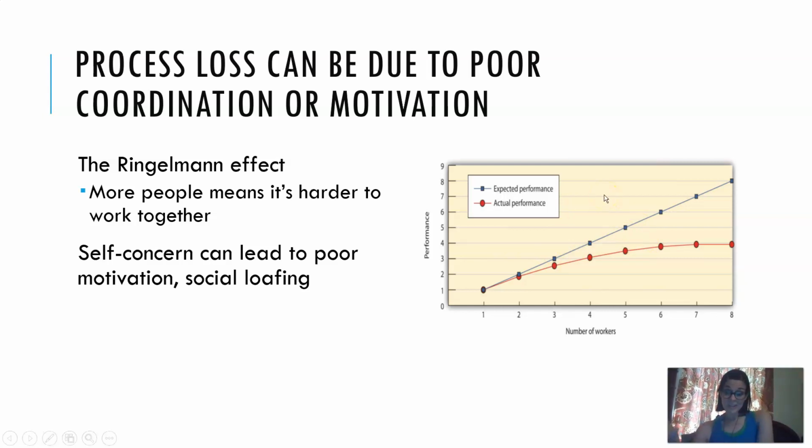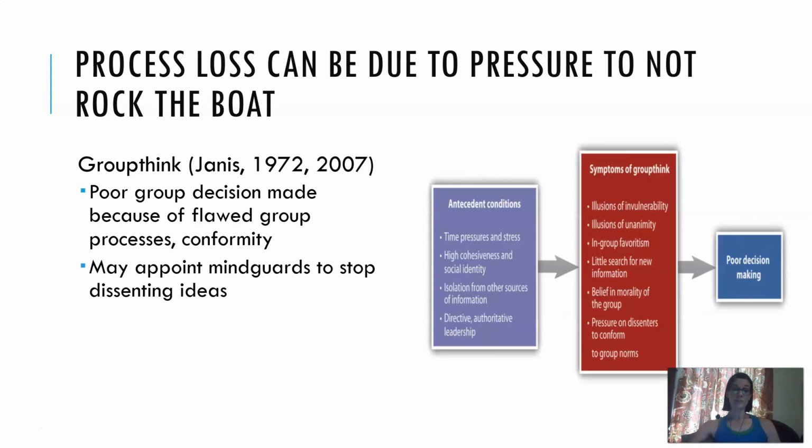And that's just because more people makes things more difficult. That's more people you have to coordinate with, more people you have to persuade, more people you have to discuss with, and so on. Additionally, self-concern and being focused on yourself rather than this group decision can also lead to poor motivation as well as social loafing.